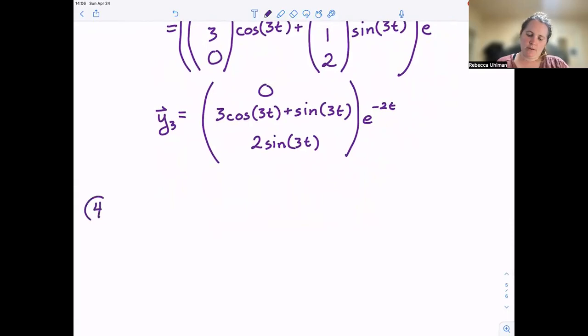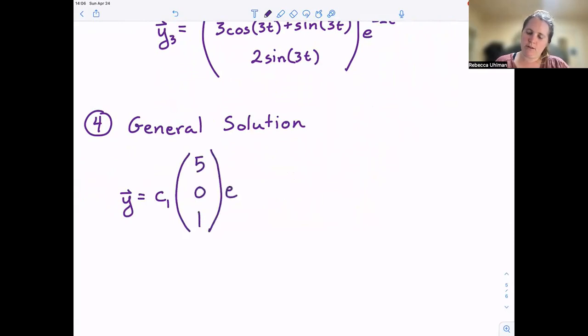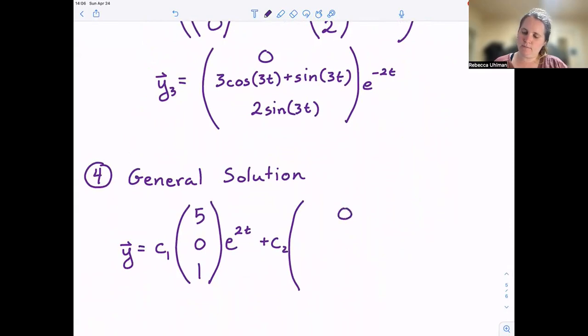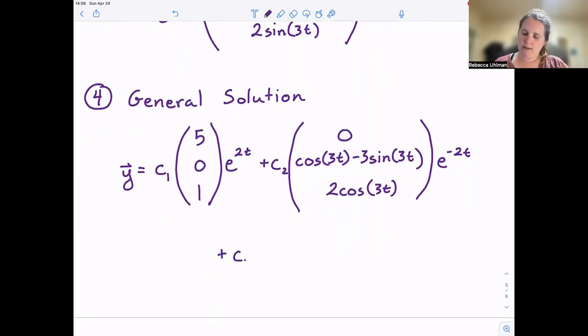So our final step is the general solution. So we have y is equal to c1 times 5, 0, 1 times e to the 2t plus c2 times 0, cosine of 3t minus 3 sine of 3t, and then 2 cosine 3t, all multiplying e to the -2t, and then plus c3 times 0, and then 3 cosine of 3t plus sine of 3t, and then 2 sine of 3t for the last entry.